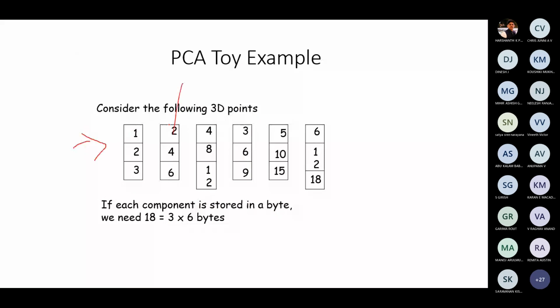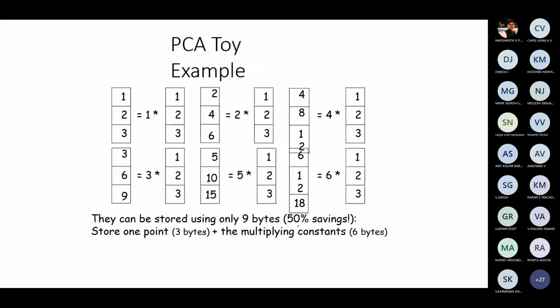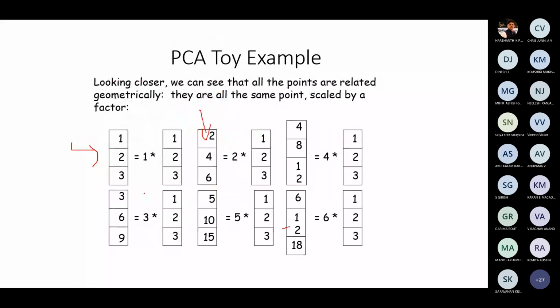So I have 1 2 3, then 4 5 6. Okay, 1 2 3, 2 4 6, then 4 8. Somewhere I've gone wrong. Something has merged.